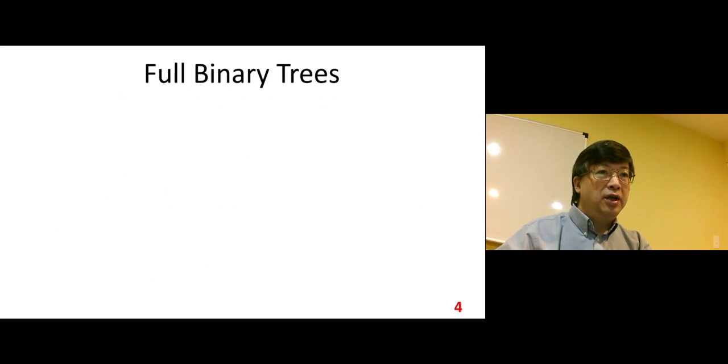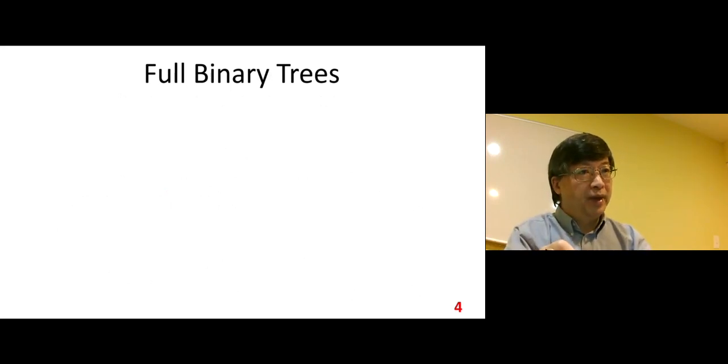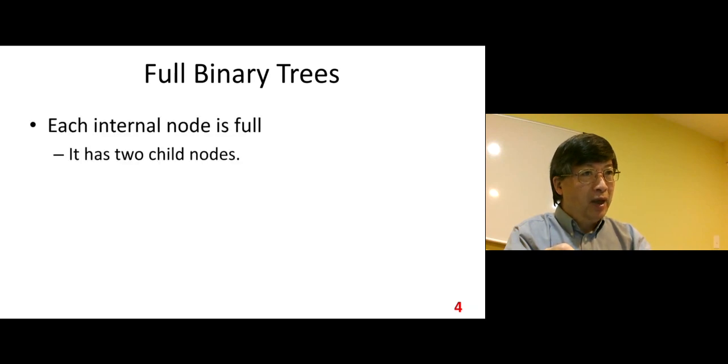Next, let us study a little more on full binary trees. It has a simple property: each internal node is full. An internal node must have at least one child, and if it has at least one child, it must have two child nodes.